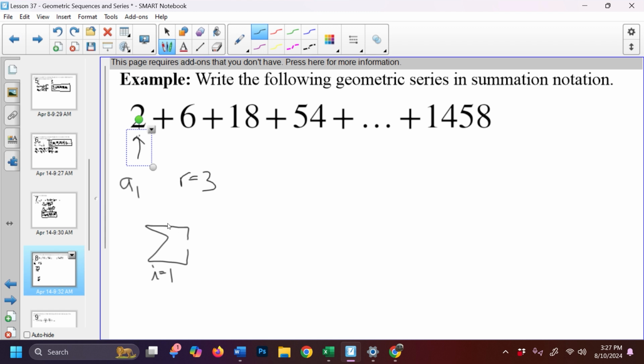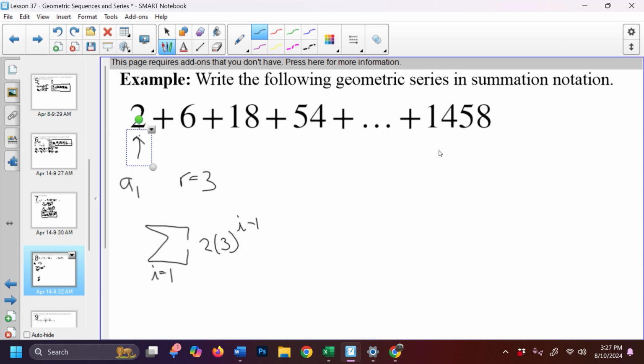What I don't know is how many terms. What term is that? Well, I can calculate that using that general form of the geometric sequence formula. And I already know what that is. It's going to be 2 times 3 to the i minus 1. I just need to figure out what term 1458 is in the sequence.